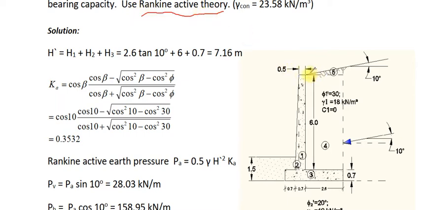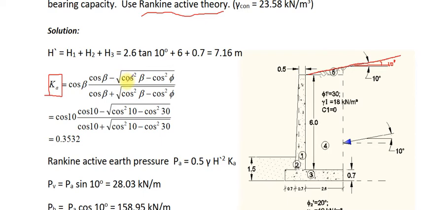Since the surface of the backfill here is tilted with the horizontal by an angle equal to 10 degrees, we have to compute the active earth pressure coefficient K active by this equation: cosine beta multiplied by cosine beta minus the square root of cosine squared beta minus cosine squared phi, over cosine beta plus the square root of cosine squared beta minus cosine squared phi. Beta equals 10, the angle between the tilted surface of the backfill and the horizontal line.